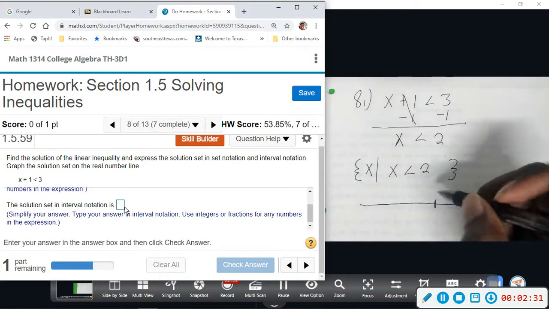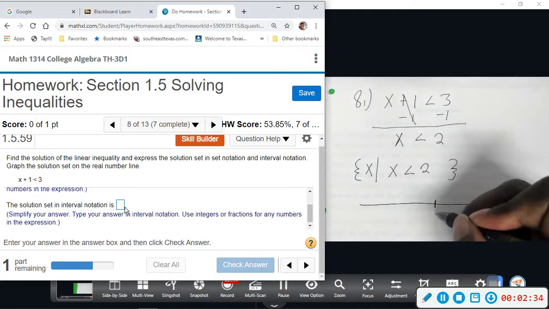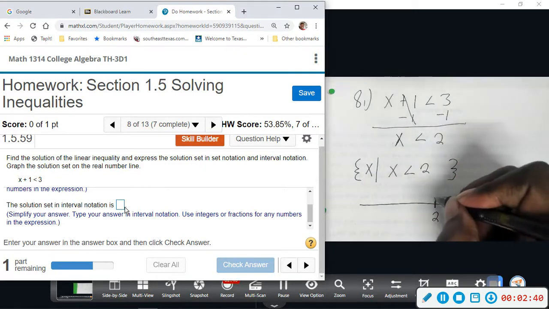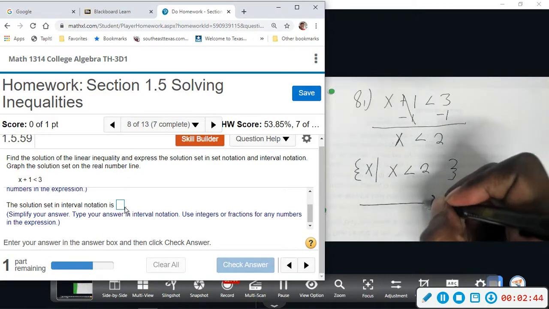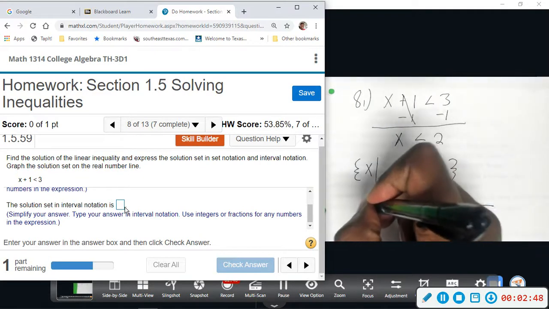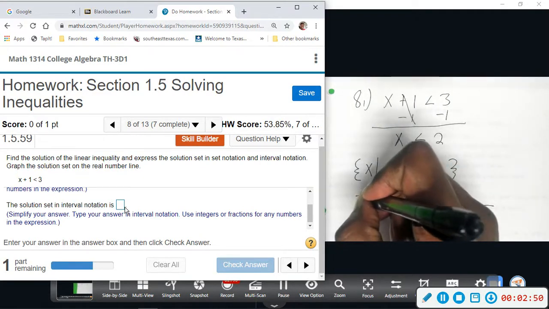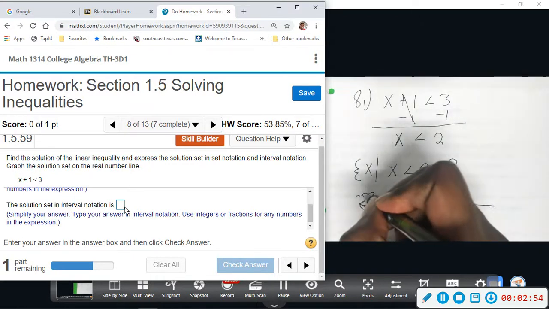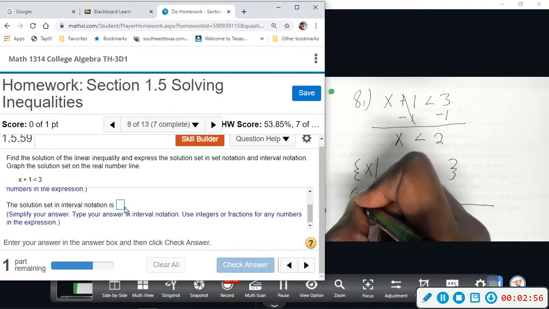All right. So since this inequality symbol does not have an underline, we're going to be doing parentheses going this way, and I would be shading this number line going all the way to the left, which goes to negative infinity, because everything less than 2 goes that way. And on infinity, you will never put a bracket.